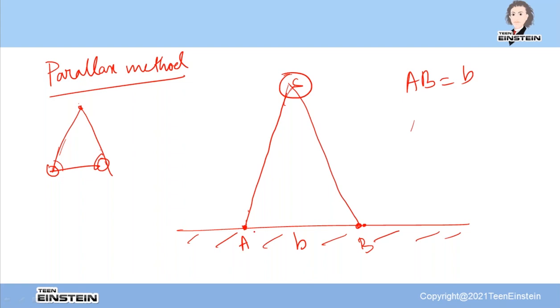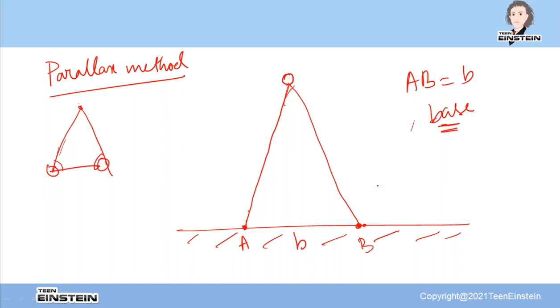Now this distance AB is called the base. This is called the base. And this is the angle. Suppose this is alpha.